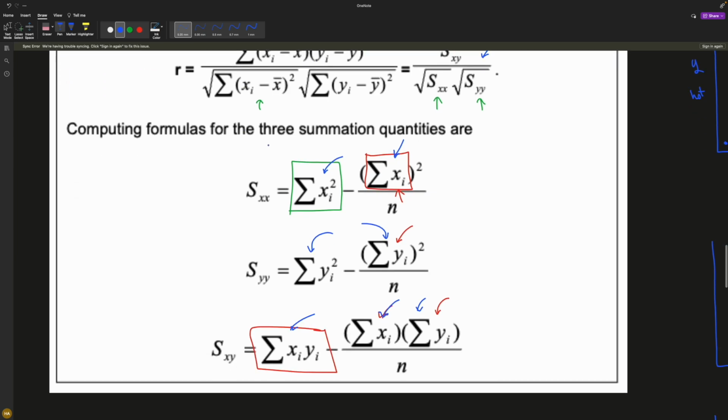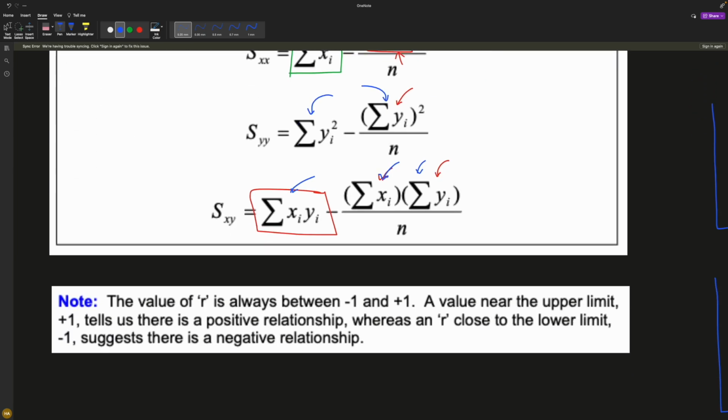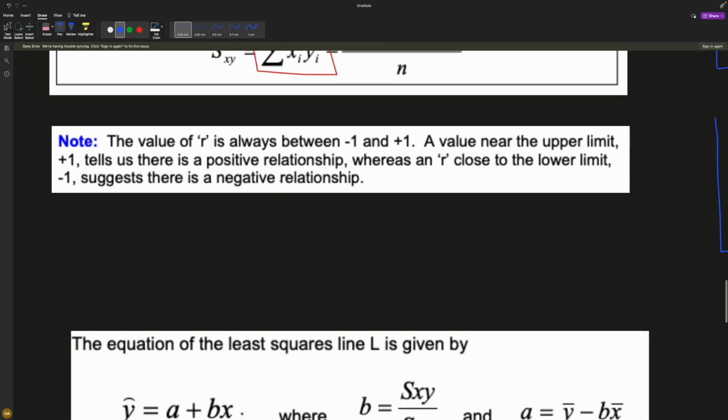That number will tell you how strong your relationship is between your X and Y. Here it says the value R is always between -1 and 1. A value near the upper limit, +1, tells us there is a positive relationship, whereas an R close to the lower limit suggests a negative relationship. It has to be close.